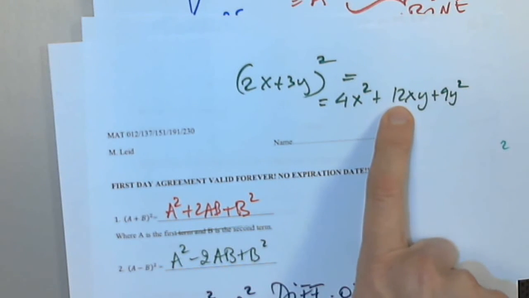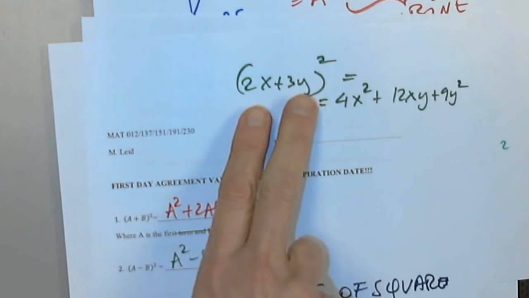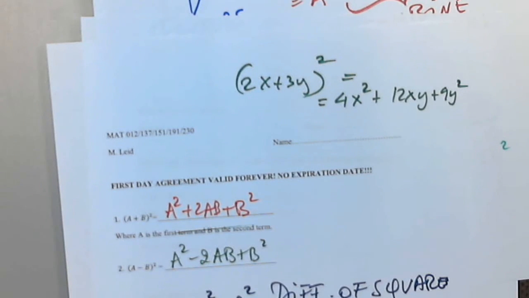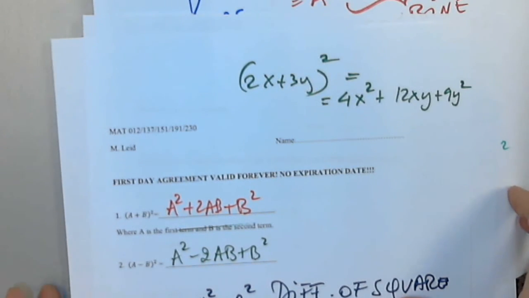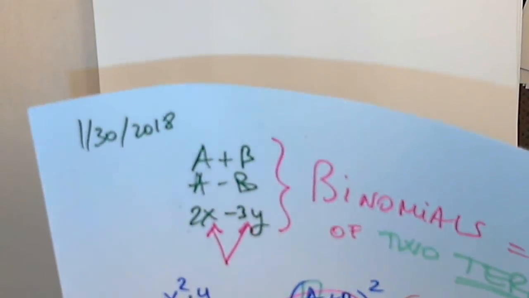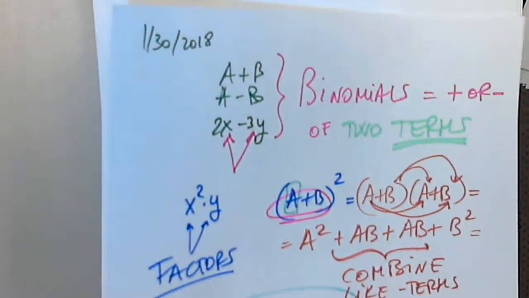Can anyone explain where the 12 comes from? Multiplying these two, and then multiply by 2. That's it. Awesome. Very good. So I'm going to take this at the end of the class: just your signature that you agree with working on this and practicing and putting it away.